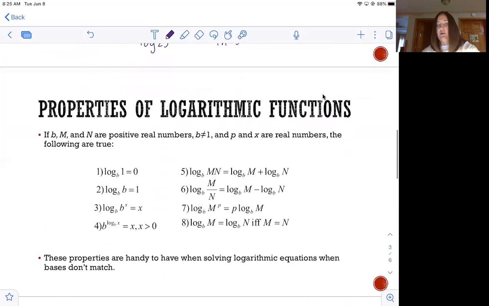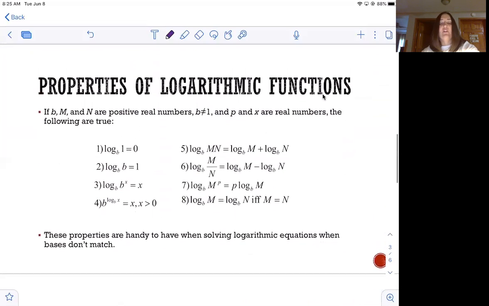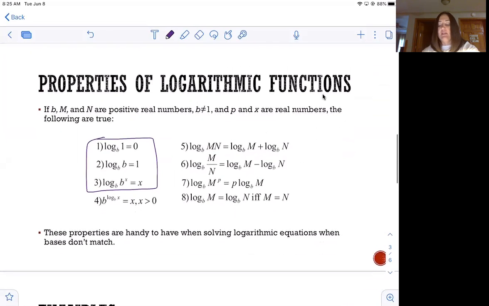So here are our main properties of logarithmic functions. Some of these we talked about in the last section, the first three. We said when you have log base b of 1, that's always going to be 0, because if you raise anything to the 0 power, you get 1. The next one, log base b of b is 1, because if you raise b to the first, you're always going to get b.